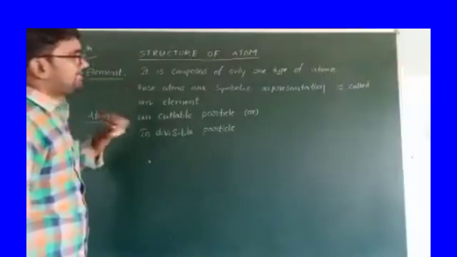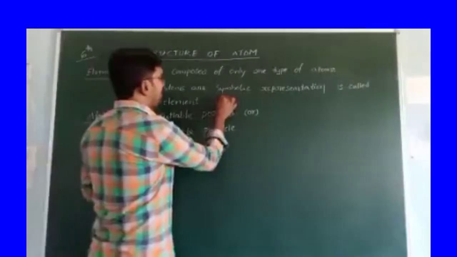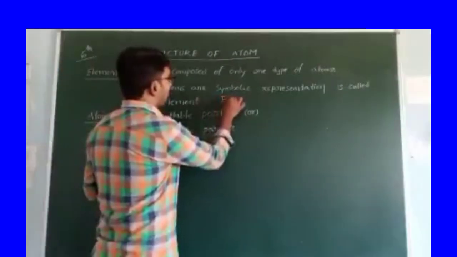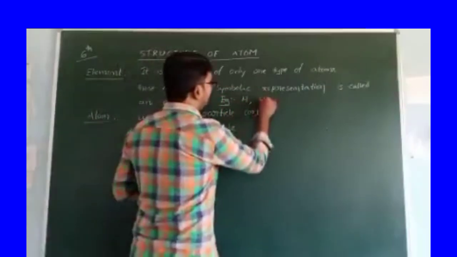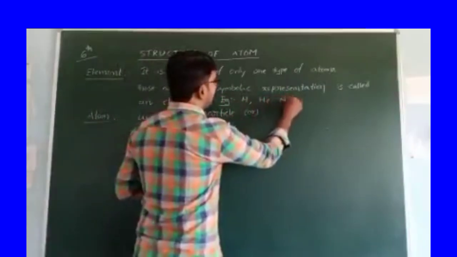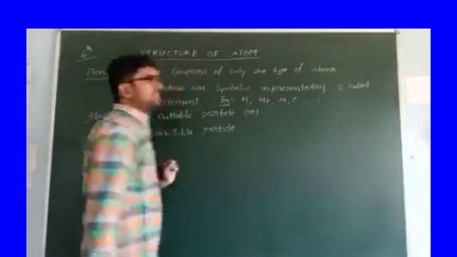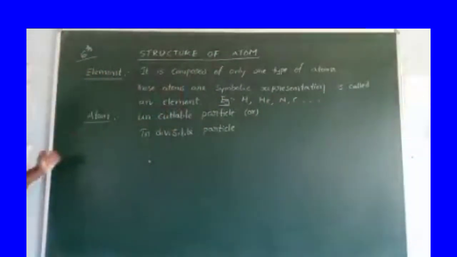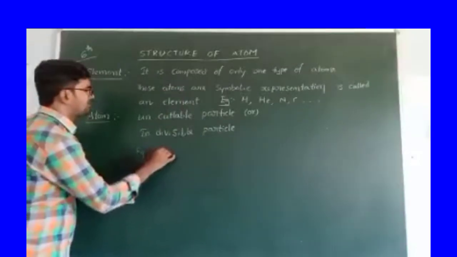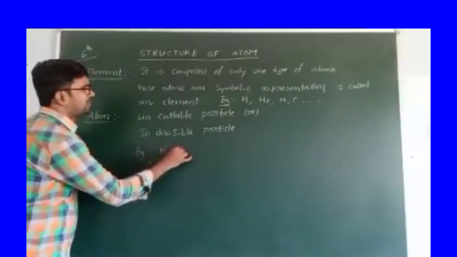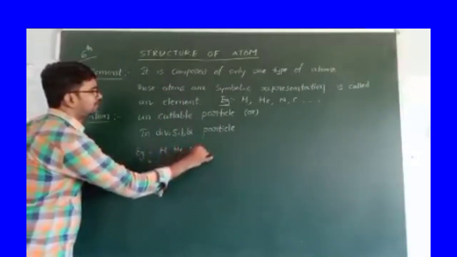So what are the examples for elements, sir? For elements, examples are hydrogen, helium, nitrogen, carbon, the elements present in the periodic table. So what about examples for atoms, sir? For atoms the examples are also the same: hydrogen, helium, nitrogen, carbon.